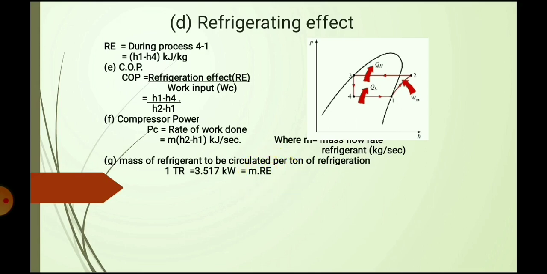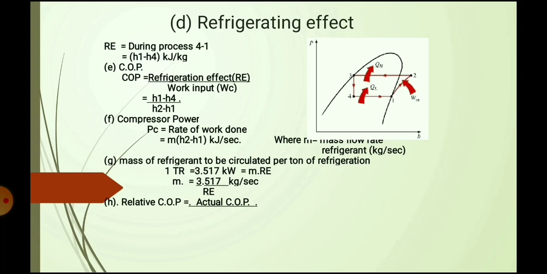Let us assume m kg per second of mass is required to produce refrigeration effect of 1 TR. Therefore 1 TR is equal to 3.517, and that will equal m into Re. Therefore m is equal to 3.517 divided by Re, where Re is equal to H1 minus H4 only. Remember it here, where Re is equal to H1 minus H4. It is for the 1 kg and it is for the m kg. Clear? Remember, Re is equal to H1 minus H4.